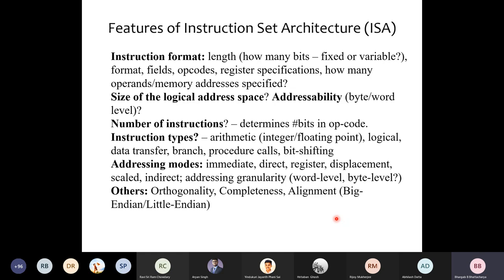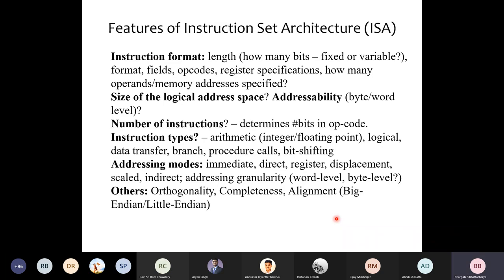And there are a couple of other issues, like orthogonality, in the sense that the different instructions must be orthogonal in nature. That means their operations should not overlap too much. Instructions should be independent of each other. Otherwise, there will be redundancy. And obviously, the set of instructions must be complete.